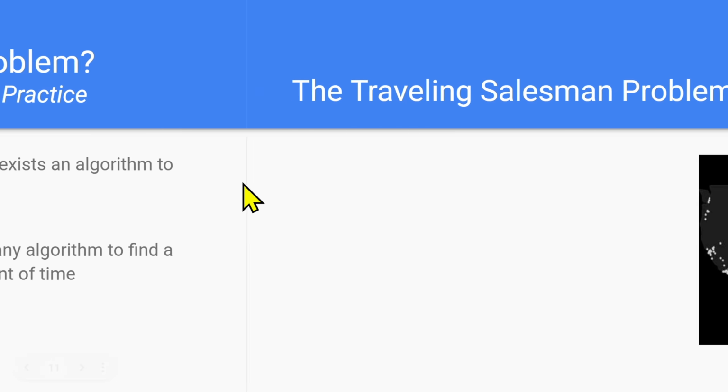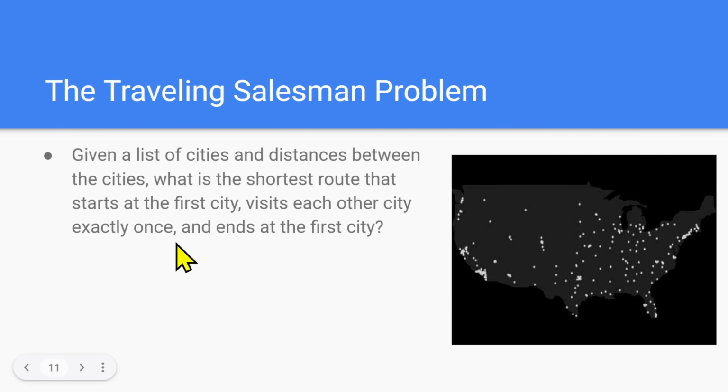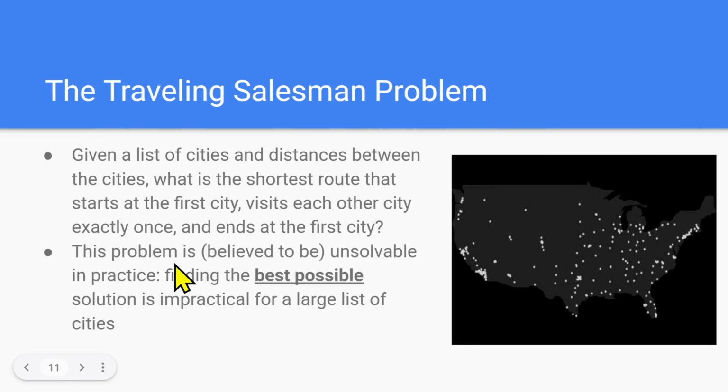Another example of an unsolvable problem is the traveling salesman problem. This problem says, given a list of cities and distances between the cities, what is the shortest route that starts at the first city, visits each other city exactly once, and ends back at the first city?